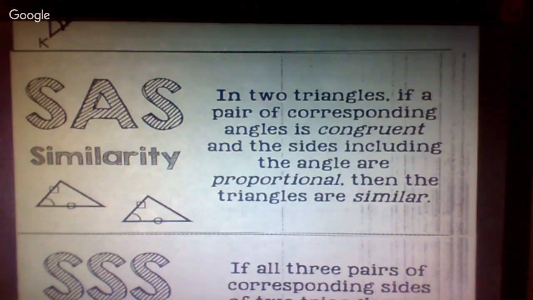Anybody remember how to solve a proportion? So if I gave you something like this, do you even remember what a proportion is? This is a proportion where you have a fraction equals a fraction.